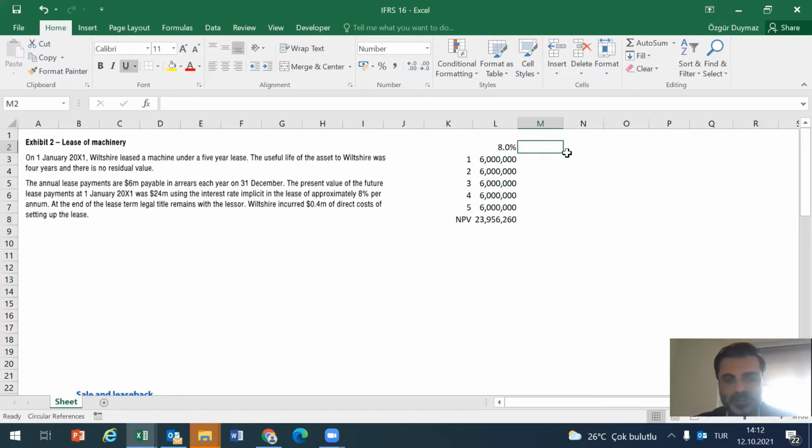In the initial recognition, which is January 1st, 20x1, debit right of use assets.